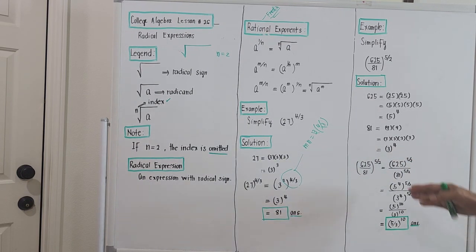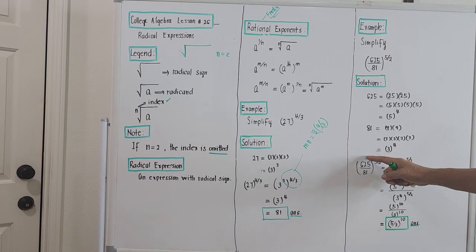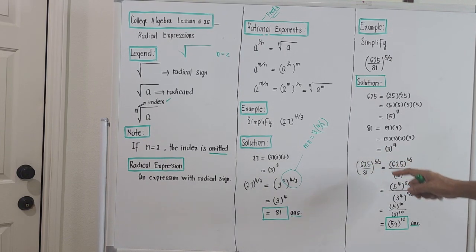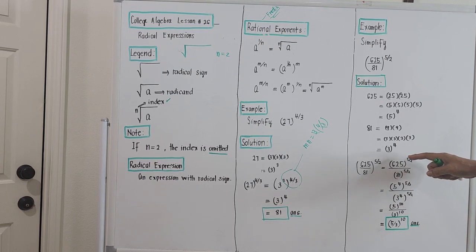Okay, so if we go back to the ratio 625 over 81 raised to 5 halves, this should now be equal to, I just rewrite this one, then I place the equivalent.